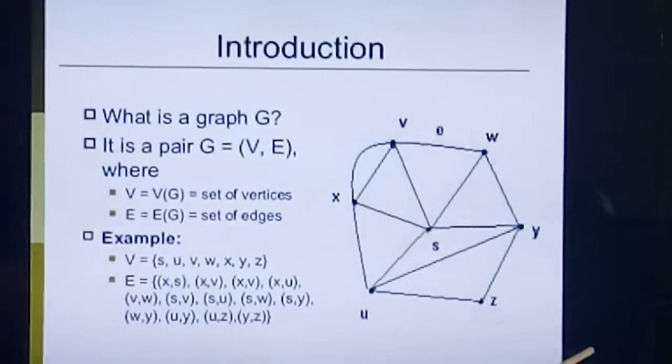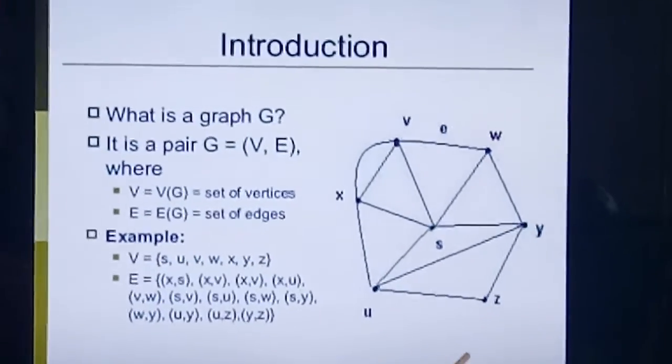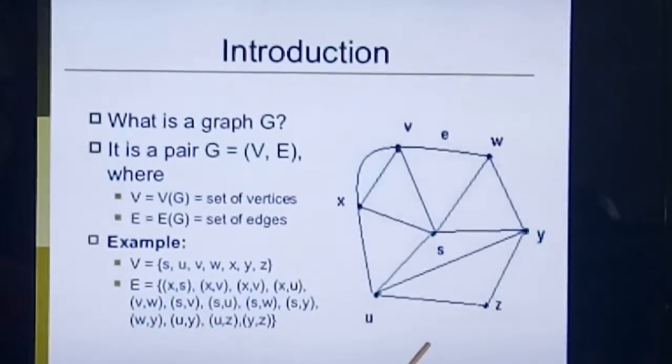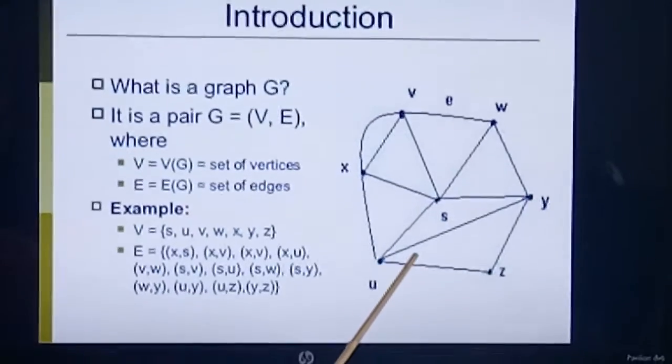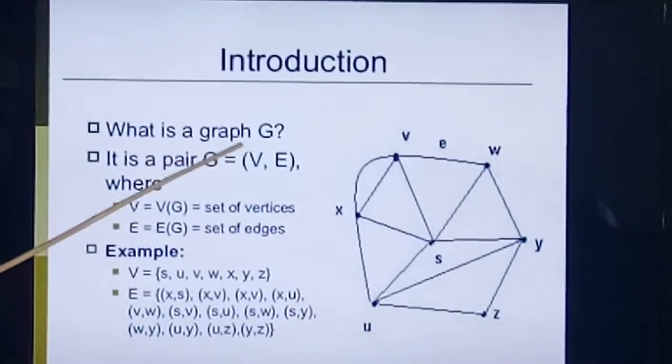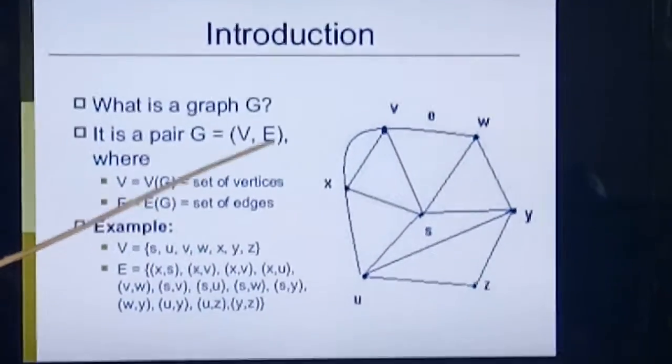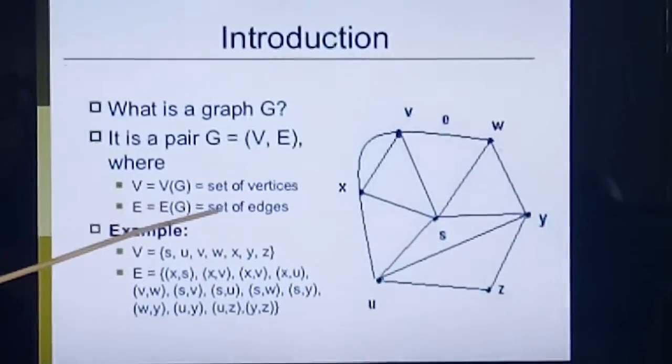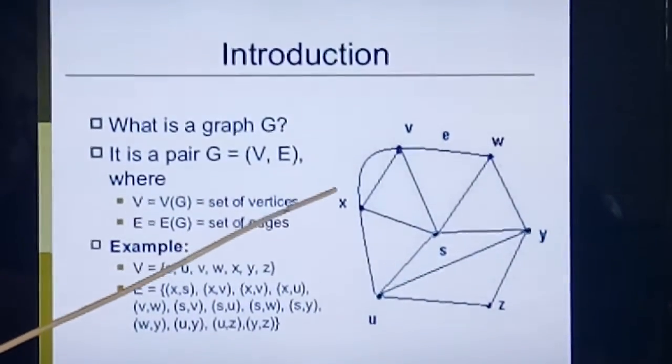So we'll see what a graph is. Generally a graph is represented as capital G. It's a pair of vertices and edges, where V is the vertex set and capital E is the edge set. It is the set of vertices or nodes.